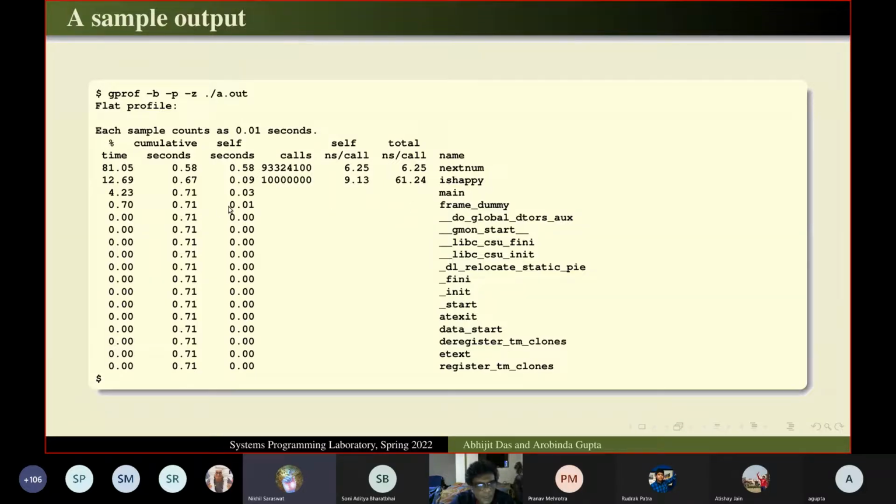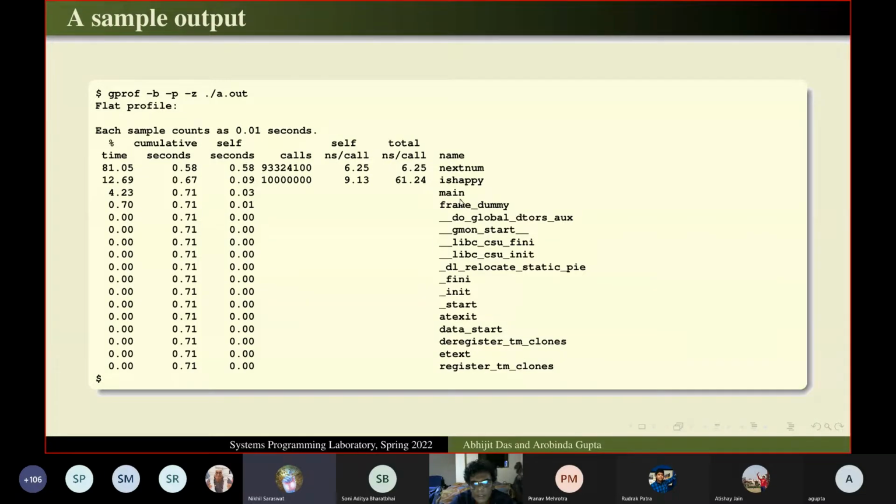In any case, you see that in this case, starting from here, they are taking essentially 0% time. So this is usually the behavior. These functions should add up to a very small percentage, very close to 0% of the total running time.